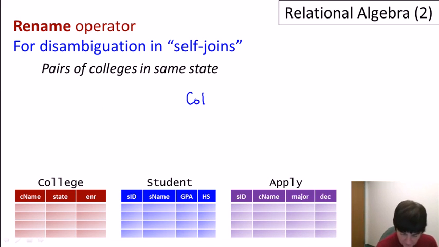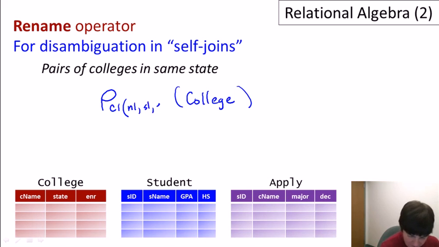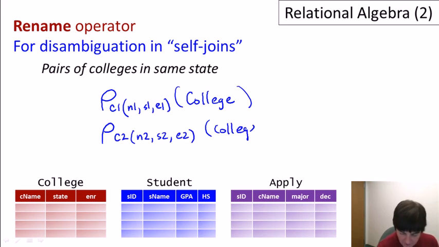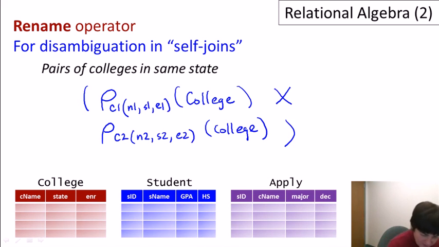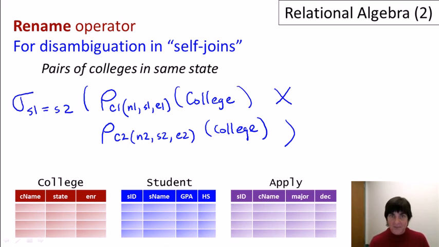We're going to take the first instance of college here, apply a rename operator to that, and we'll call it C1, with name 1, state 1, and enrollment 1. Then we'll take the second instance here, call it C2, with N2, S2, E2, of college. And now we have two different relations. So we can take the cross product of those two, and then select where S1 equals S2. And that gives us pairs of colleges in the same state.